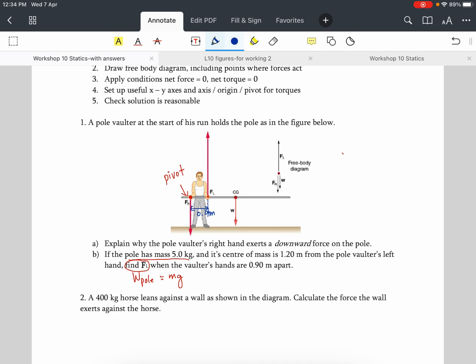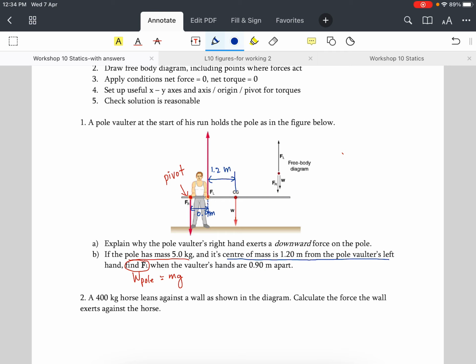Right, we are also given that the pole's center of mass is 0.9 meters from the pole vaulter's left hand. So that means that this distance here, sorry, is 1.2 meters apart.